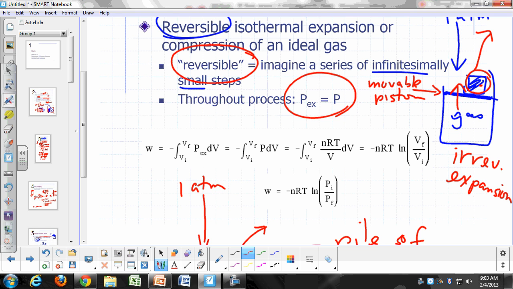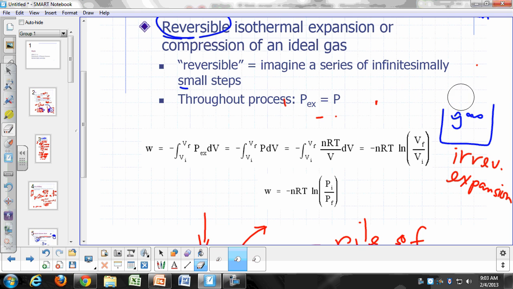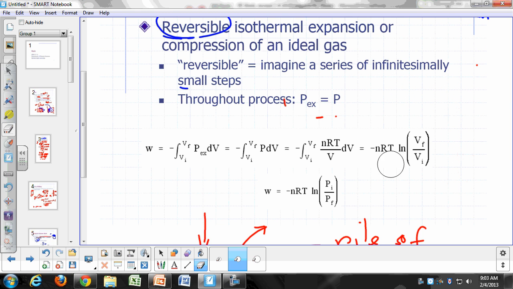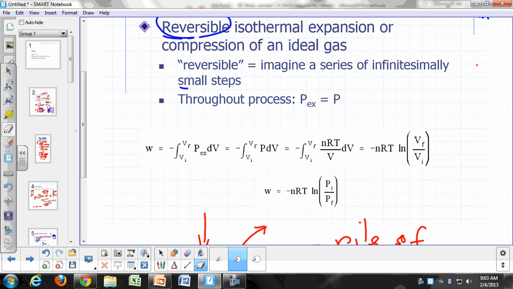All right, so if that's the case, then work is equal to negative P external dV. That's our general expression for work, right? But each step of the way, this external pressure is going to be equal to the pressure of the gas.